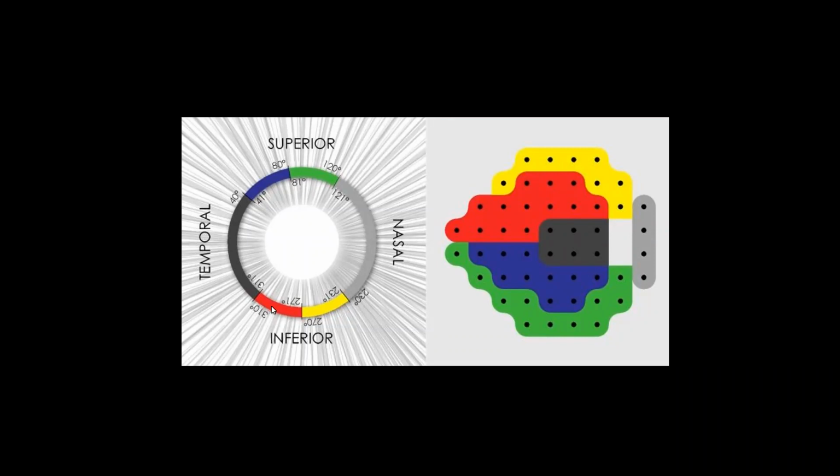The red zone represents the inferior temporal part of the optic nerve, in which if there is a significant thinning and loss of the neuroretinal rim, then you will have the inner inferior and the outer inferior part of your visual field. The most of the superior and inferior poles.